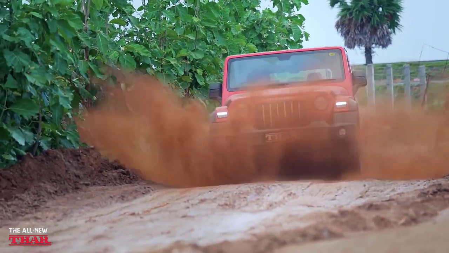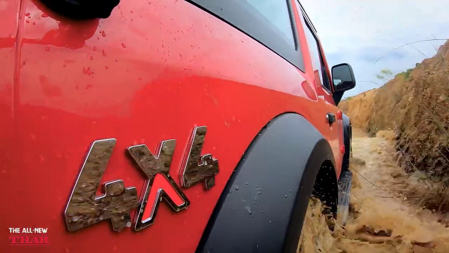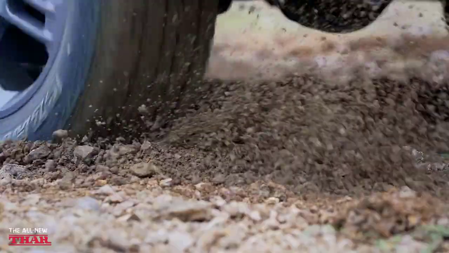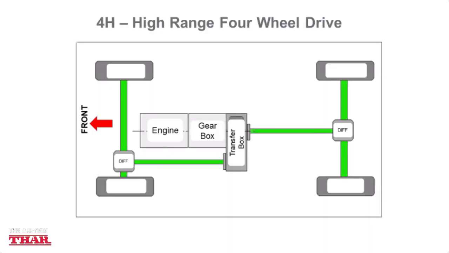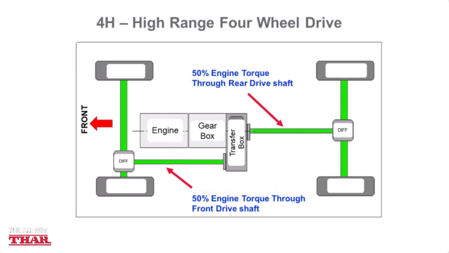Now moving on to 4H, or high range four-wheel drive. In the Thar, if four-wheel drive and 4H are selected, the transfer case locks the rear drive shaft to the front drive shaft. This provides an equal 50-50% split in torque between the front and rear axles. This is great for off-roading as now the front differential and therefore front wheels also receive torque along with the rear.